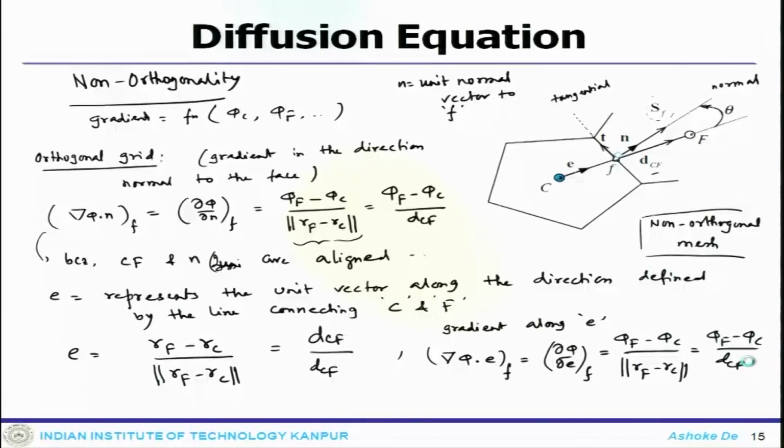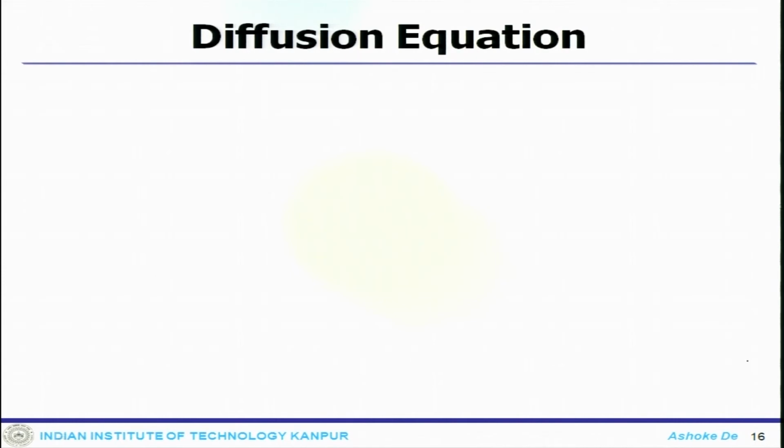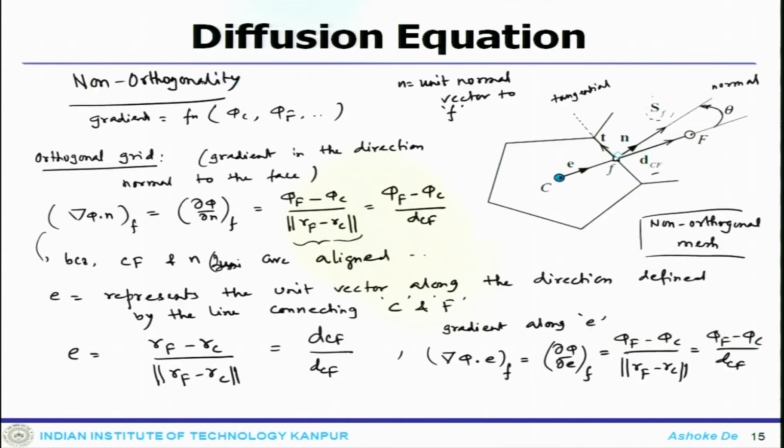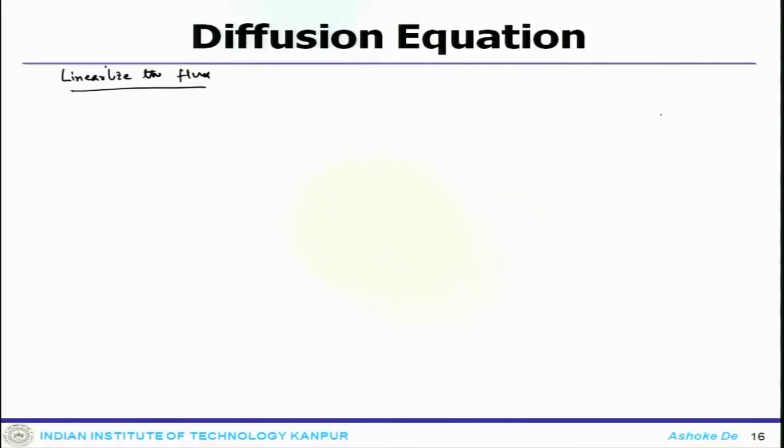Now, if we linearize the flux in this particular non-orthogonal system, then the surface vector SF will have two components. The surface vector will be decomposed into two components, EF plus TF.